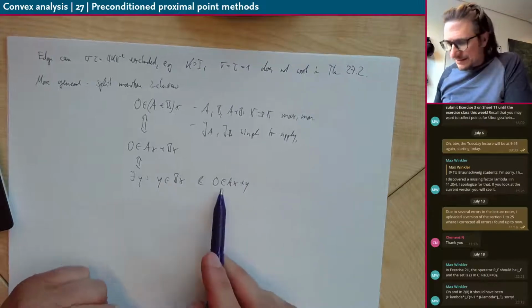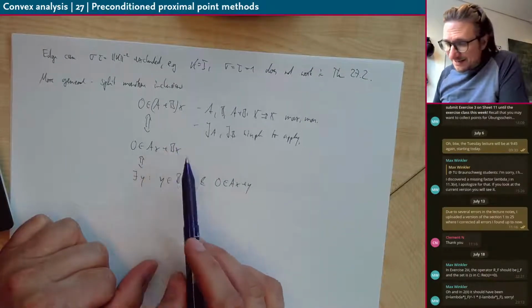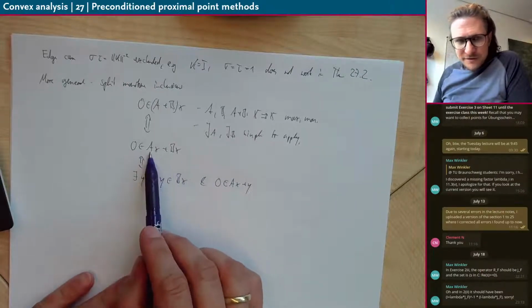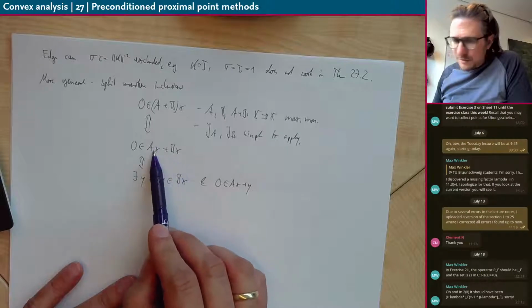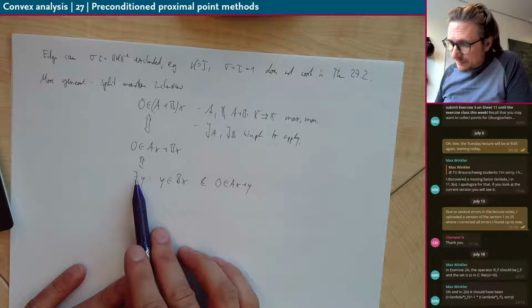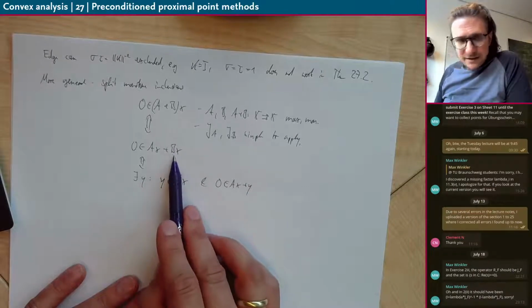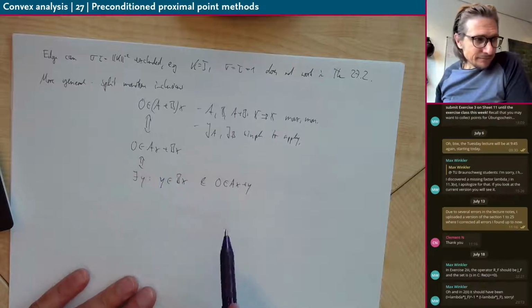So this is just a reformulation of this set-valued inclusion. These are both sets. So when do we have 0 in the sum of the sets? If there's one element here which adds to another element there to 0. So necessarily it's an existence result. There exists a y in this set such that 0 is in y plus that set.